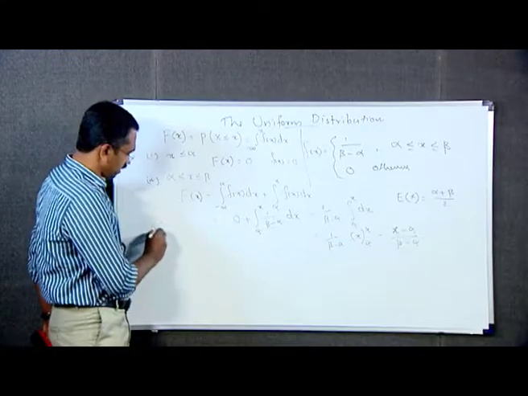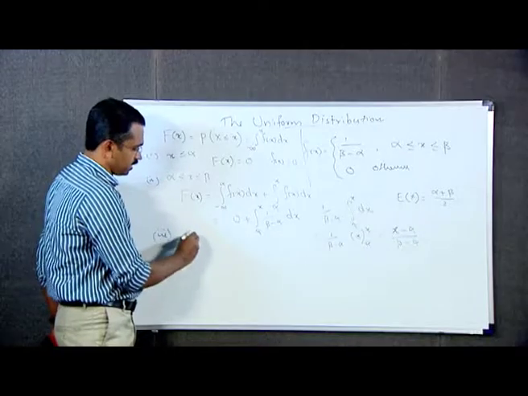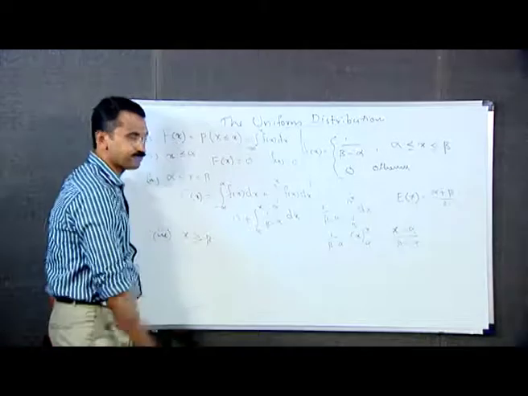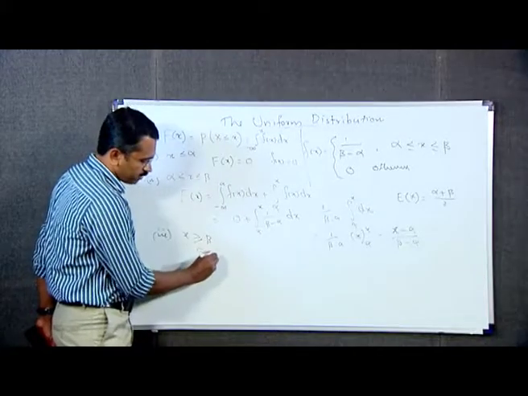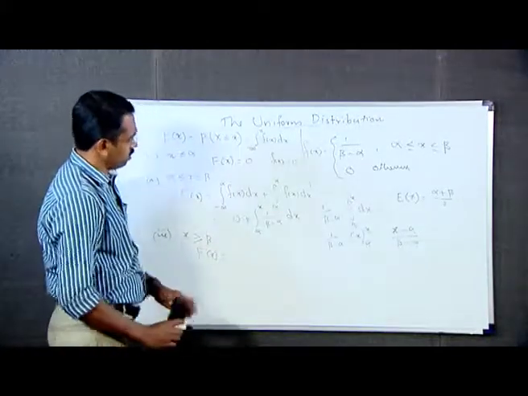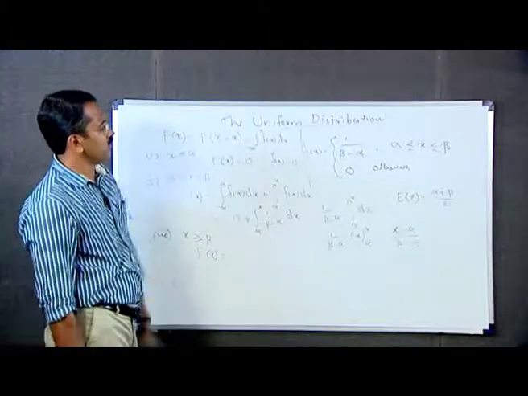Now, consider the third case as x is greater than or equal to beta. In this case, the definition of cumulative distribution function is this.